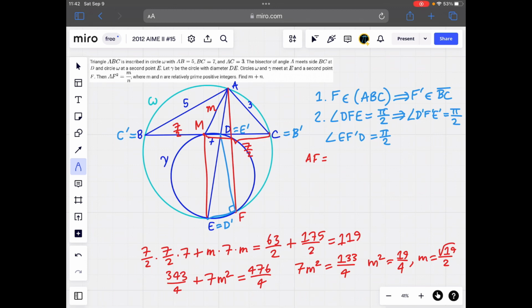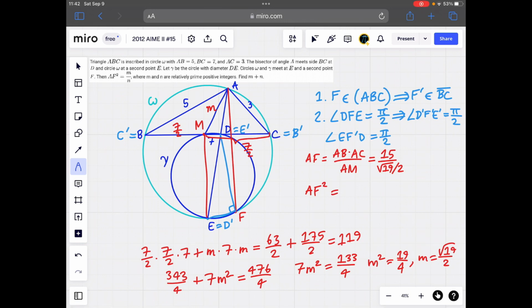And we know that because AF is the square of the radius of inversion, which is AB times AC, over the distance to the inverted point, which is AM. And so AB times AC is 15. AM is little m, which is the square root of 19 over 2.